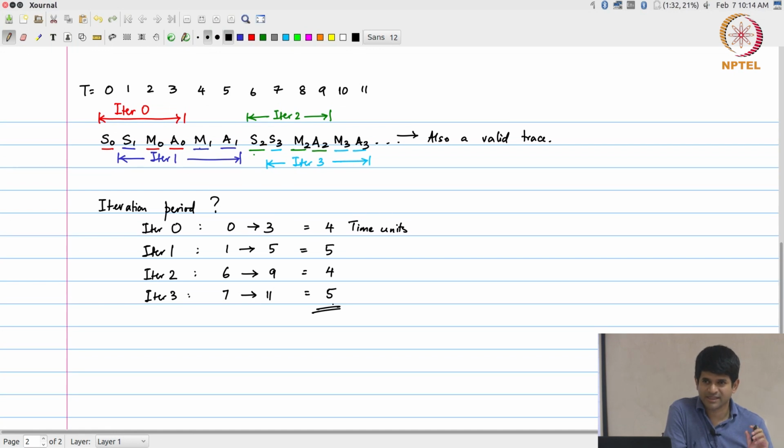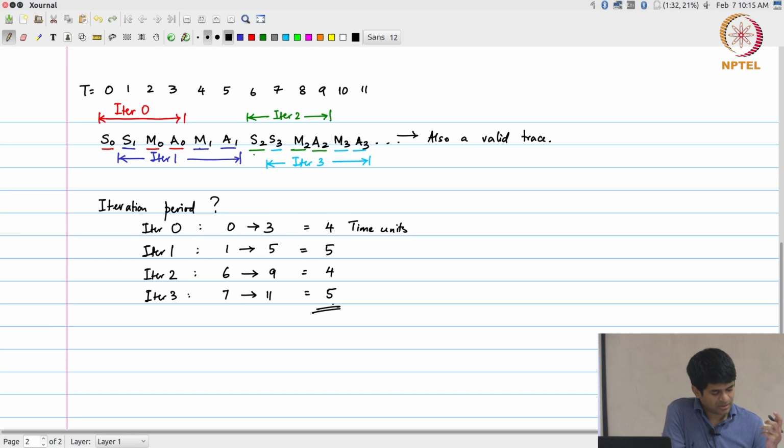That is strictly speaking not the exact definition of iteration period, but for the time being, just for ease of understanding, I am going to use that. Okay. So, in any case, the time required for one iteration to complete can vary between 4 and 5 over here, but that is not really indicative of the periodicity either, of at what rate we are finishing iterations.